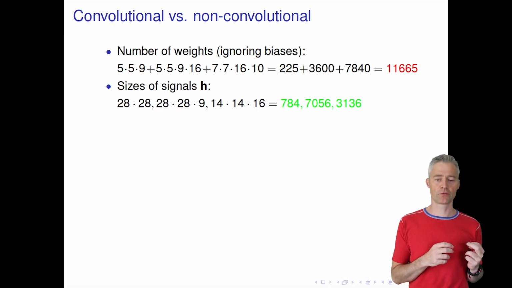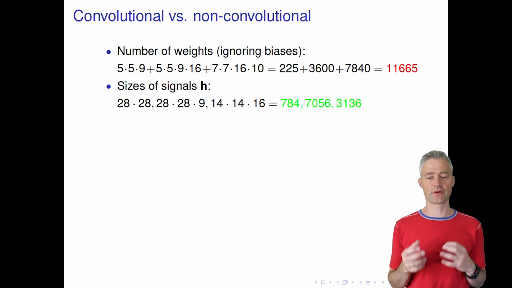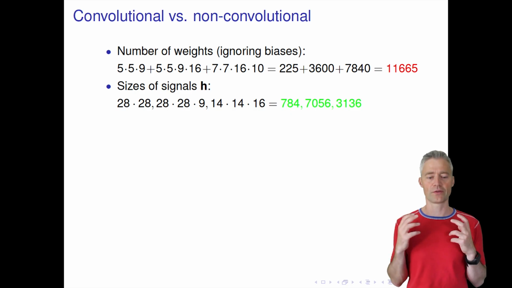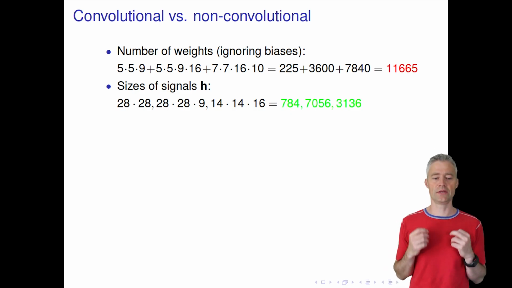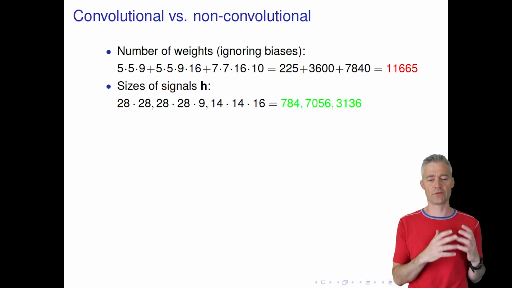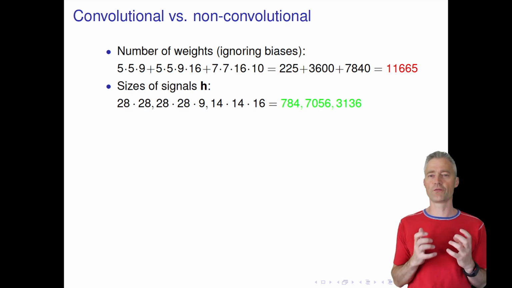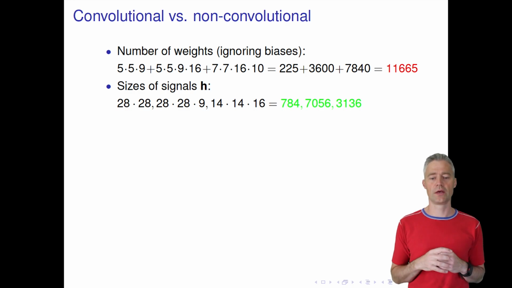What is important, of course, is that we had to do a lot of computations, and we can do that efficiently with fast filtering. But what is important here is if we look at the amount of signal we have in the original data, the raw features, the pixel values, it is 28 by 28, so that gives us 784.